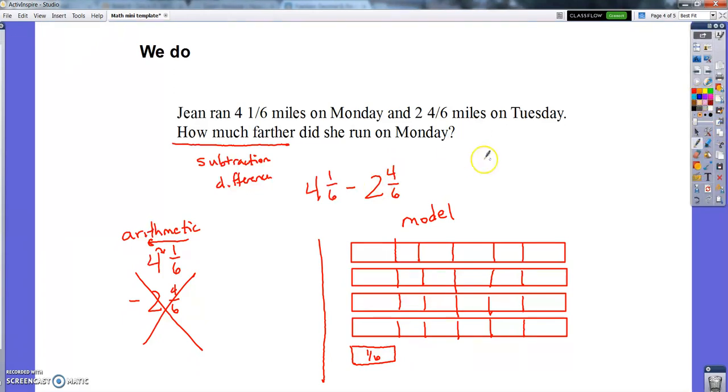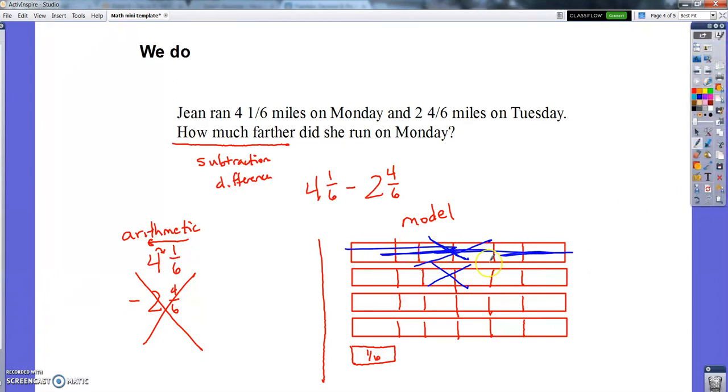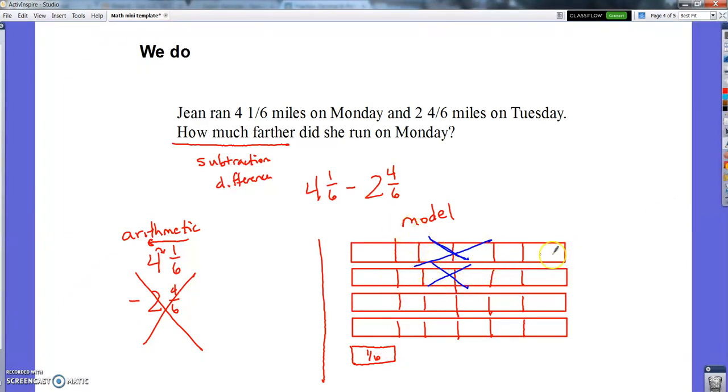So in some way on your drawing, you want to take away 2 wholes. I want to take away this whole thing and this whole thing. Maybe you can do a better job Xing them out. You can scribble them out. X's are a little more clear, I guess. So that's how I take away 2 wholes.